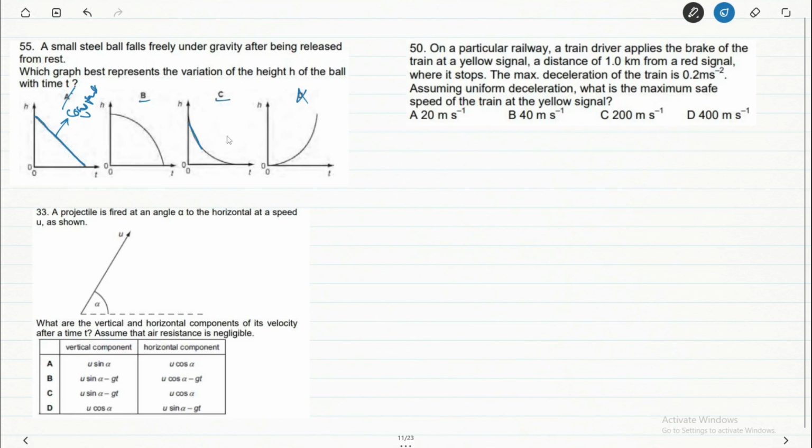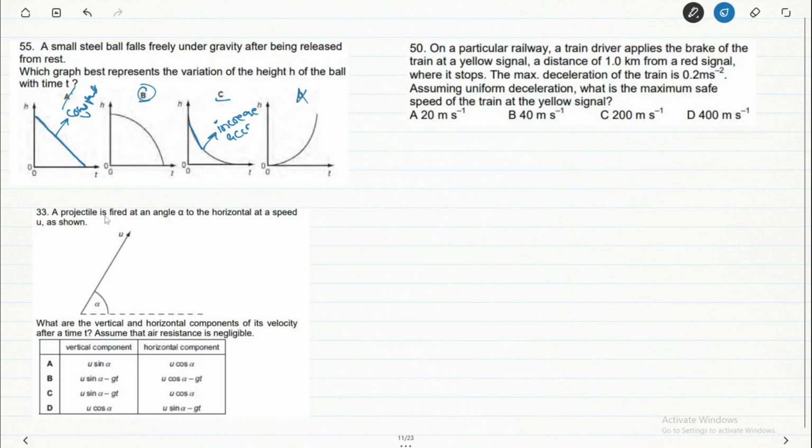In these two, this one represents an increasing acceleration, because the gradient is increasing, so the velocity is increasing. And this one depicts decreasing acceleration, because the height takes longer to decrease as it goes on. So this would be our answer, because acceleration would decrease due to air resistance.